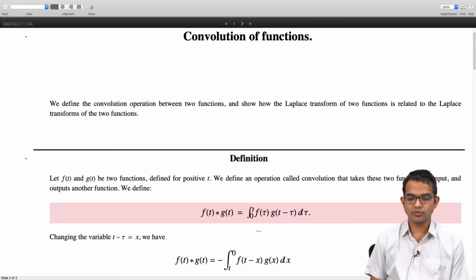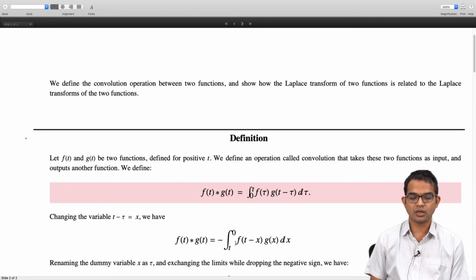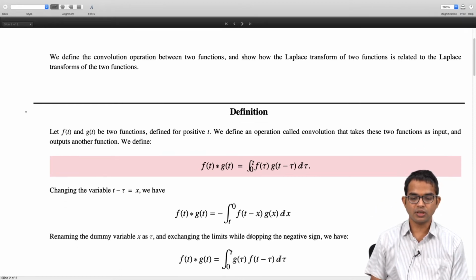Now in place of f of tau, we have f of t minus x, and in place of t minus tau, of course, we have x. So we have f of t minus x times g of x, but you have a negative sign here which you can absorb into this integral. If you change these limits, instead of going from t to 0, you make it 0 to t, and this negative sign goes. So we see f of t star g of t is the same as the integral from 0 to t of g of tau f of t minus tau d tau.